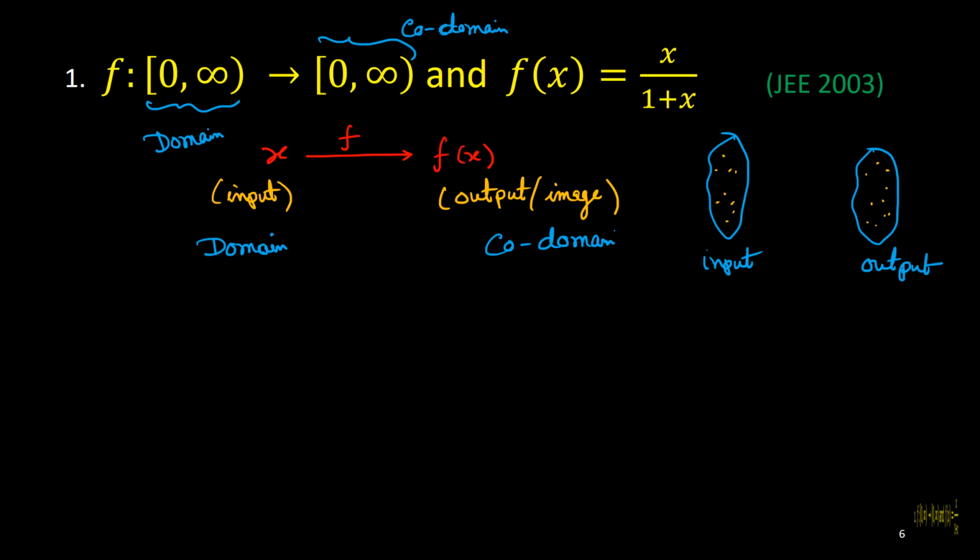If I choose one input point and use this function, I get a mapping f. Then I get the corresponding point on the output space, which is called the image. So this is the corresponding image of this input. This is x, and this one is f of x.